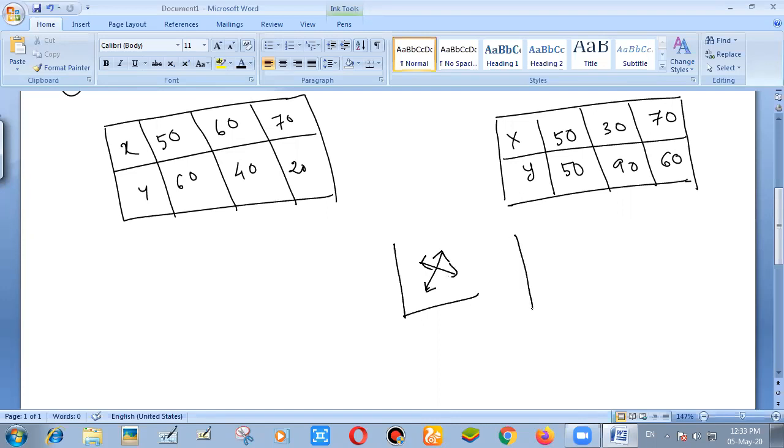Now if you represent the equation in the graph, and suppose the lines coincide with each other, suppose this is one line and this is another line. Yesterday I solved this type of question. Then how many solutions do they have? Infinitely many solutions. Yes, good.